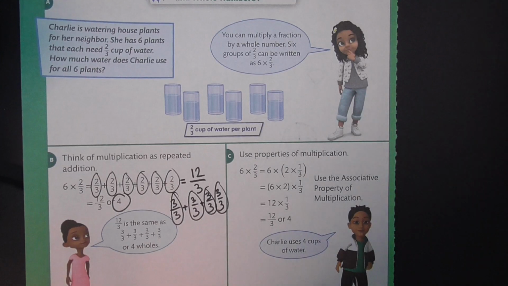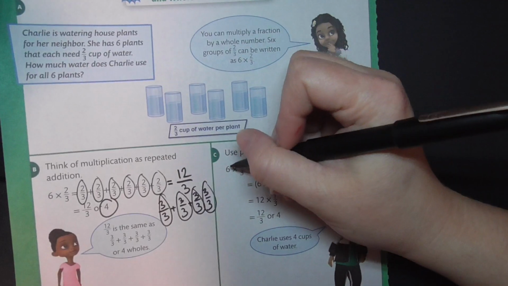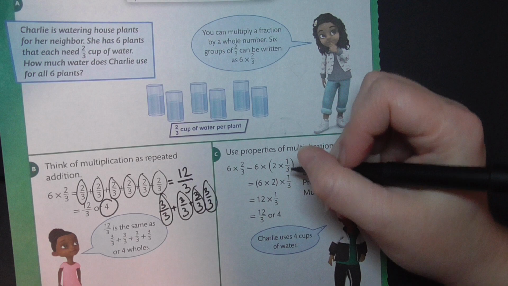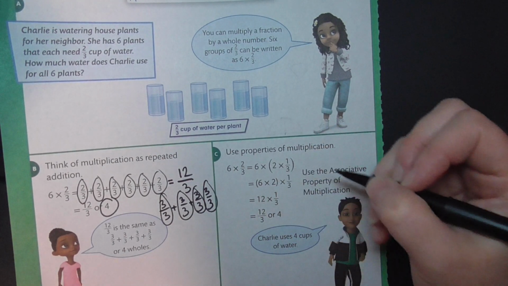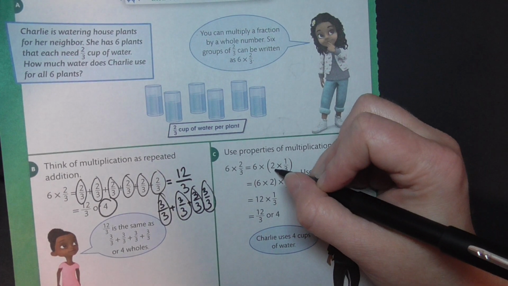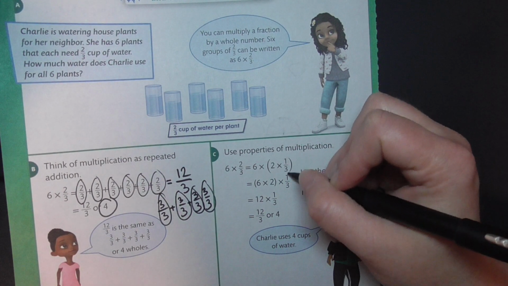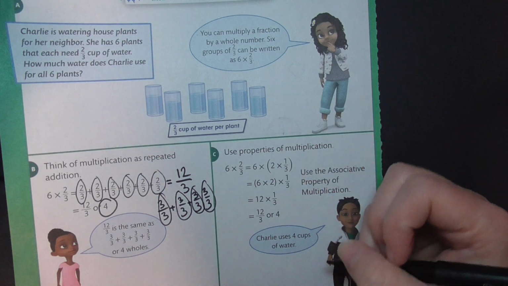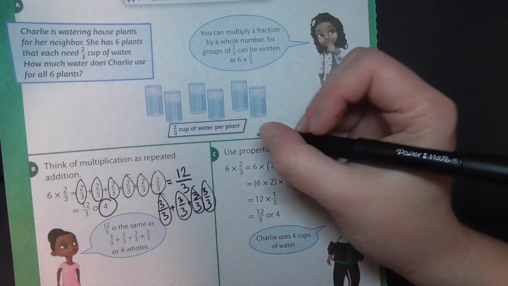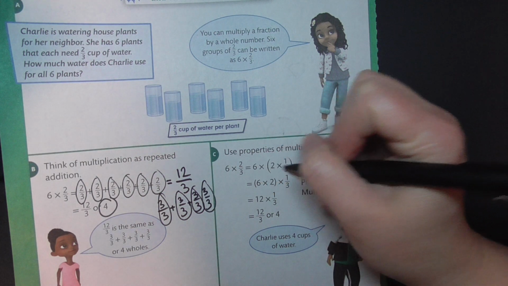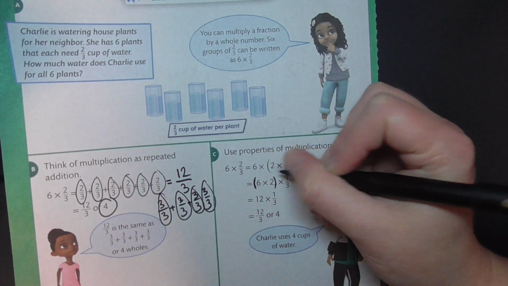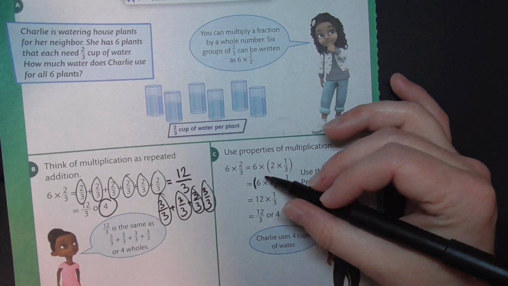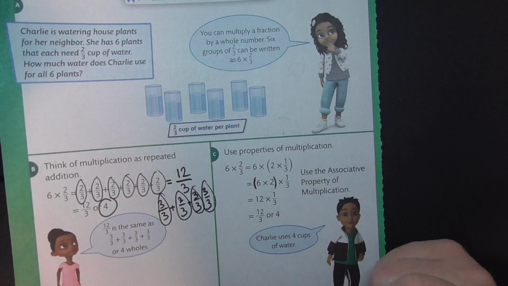And so what they're doing here, we've got 6 times 2/3. And then in parentheses, they're basically saying that 2/3 can be broken up into 2 1/3, or 2 times 1/3. So now that we've broken this up, we can move our parentheses and we can multiply 6 times 2 first and leave the 1/3 on the outside.